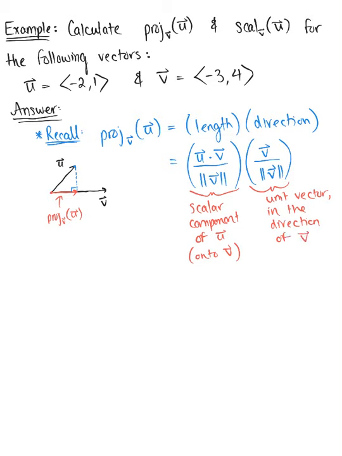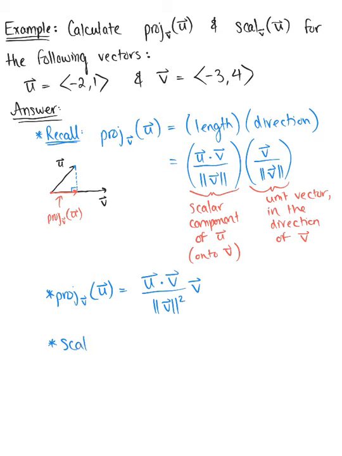So when we're asked to find the projection, we'll use the formula: the projection of vector u onto vector v is the dot product of vector u and v divided by the magnitude of vector v squared, times vector v.